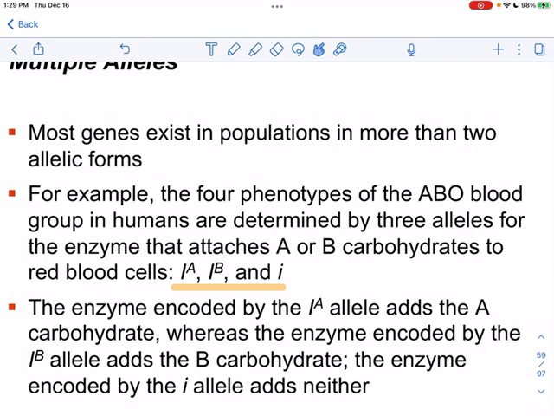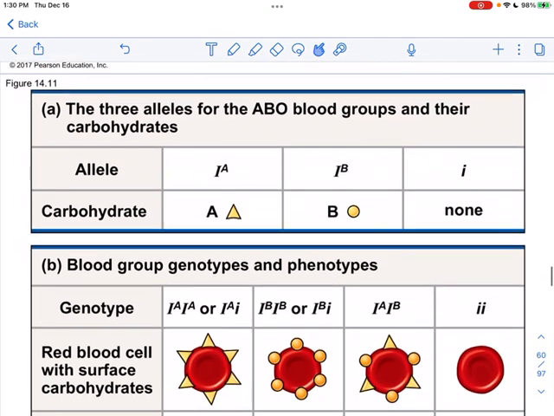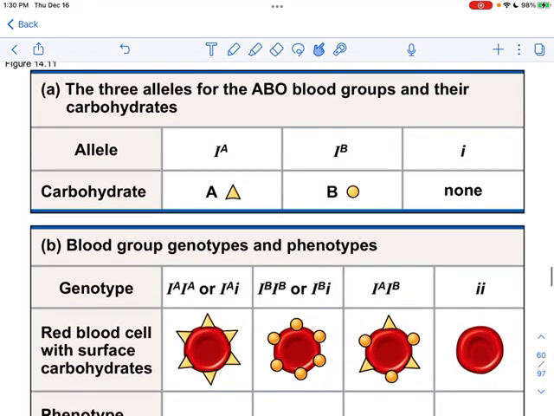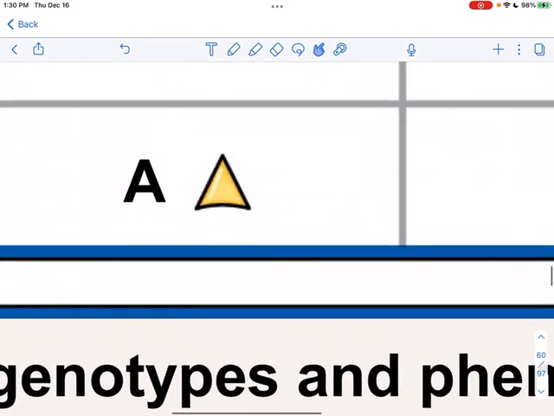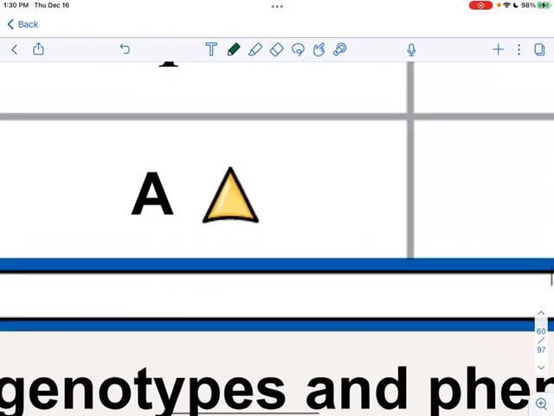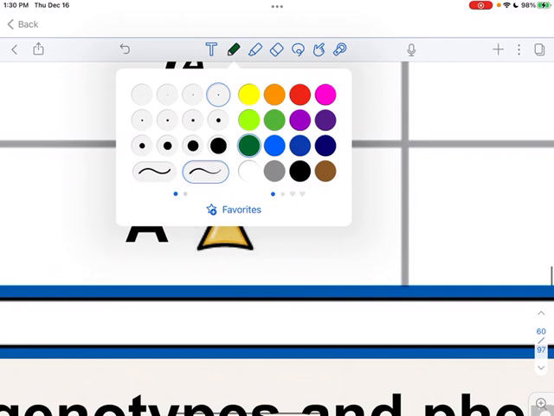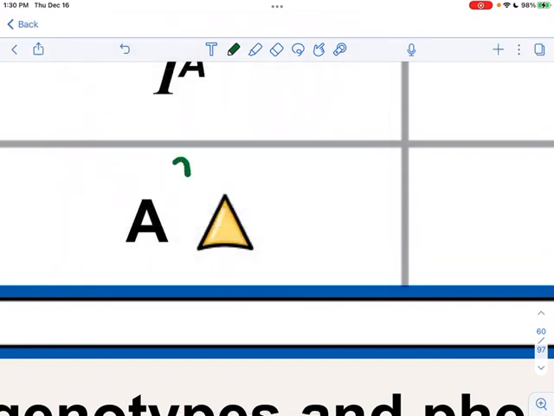So we can do several different types of crosses with these alleles to see how they would interact with each other. The top chart here shows you each allele and what it codes for. Again, these carbohydrates that are being formed on the surface of these red blood cells are oftentimes referred to as antigens.